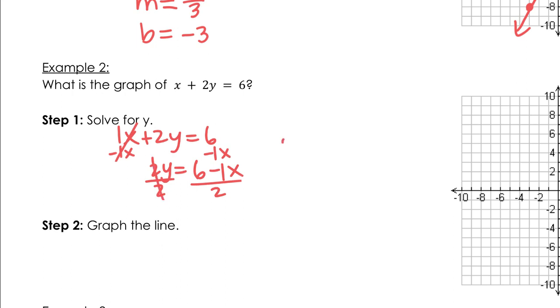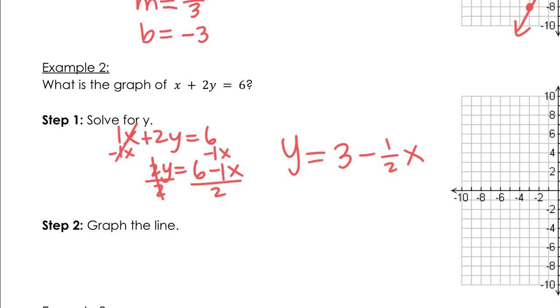So that's going to leave me with y equals, now what we were looking for, 6 divided by 2 is 3. And then let's use our calculator if we need to. Negative 1 divided by 2 is a decimal, so I'm going to hit math, enter, enter. So it is a minus 1 over 2. And don't forget that x on the end.